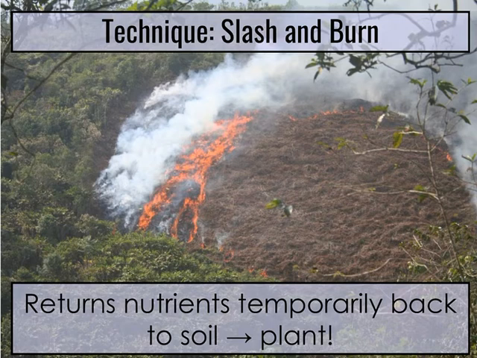Then the farmers can use the soil to grow plants, but this is not a sustainable practice. The cycling of the nutrients in this way can only maybe last for a couple of years. So it's not really a great long-term solution or approach to growing plants.